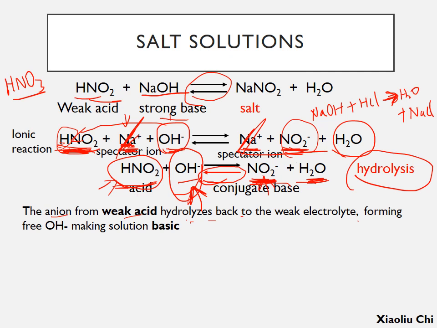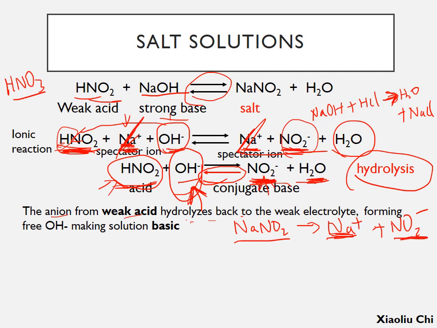So the interesting thing here is if you have a salt, sodium nitrite, okay, it's a salt. When you dissolve it in water, it ionizes to sodium ion and nitrite ion. And sodium ion is a spectator ion. It comes from a strong base, so it doesn't react with water.